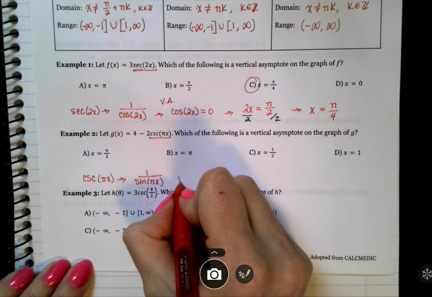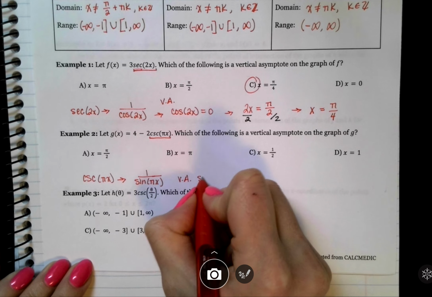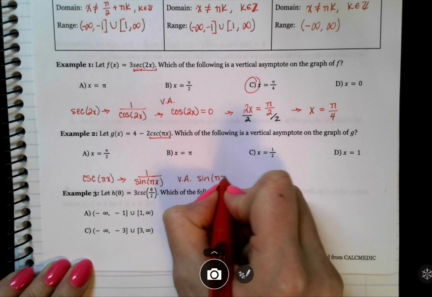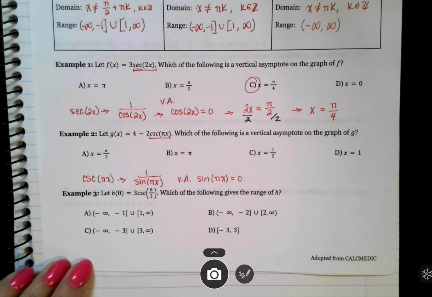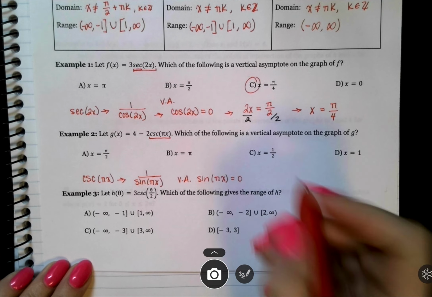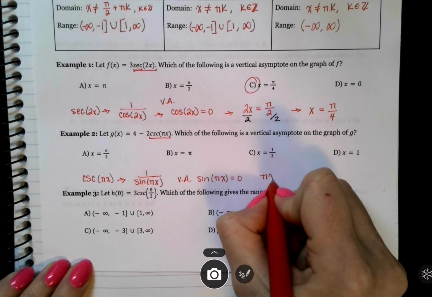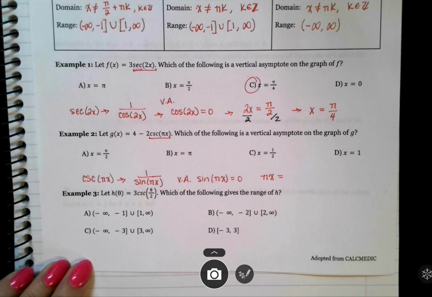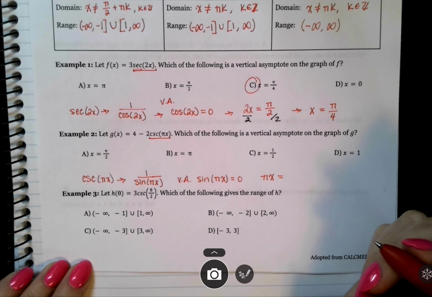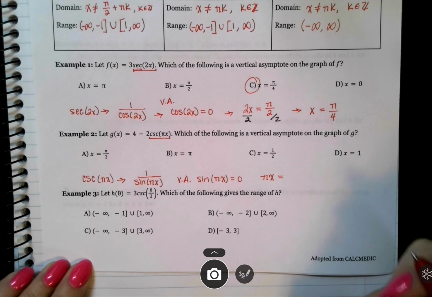So that means I know that I have a vertical asymptote whenever sine of pi times x is equal to 0. So I'm going to take arc sine of both sides. So I get pi times x equals arc sine of 0. So arc sine of 0 would give me 0 or pi.